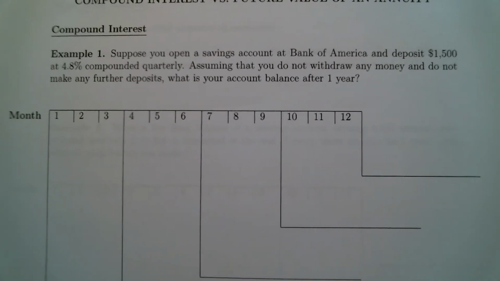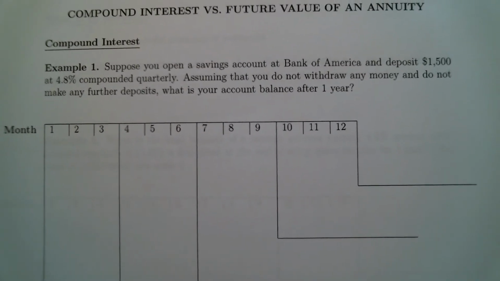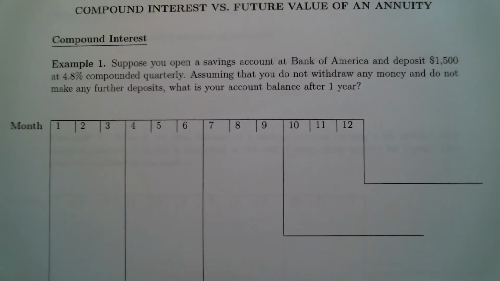And again, in example 1, we're going to look at how compound interest is handled. It says, suppose you open a savings account at Bank of America and you deposit $1,500 at 4.8% compounded quarterly. Assuming that you do not withdraw any money and do not make any further deposits, what is your account balance after 1 year?